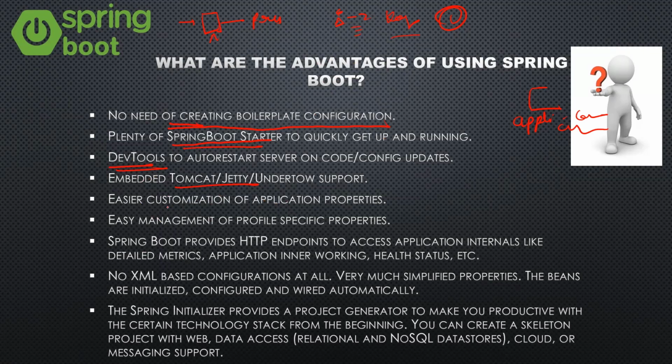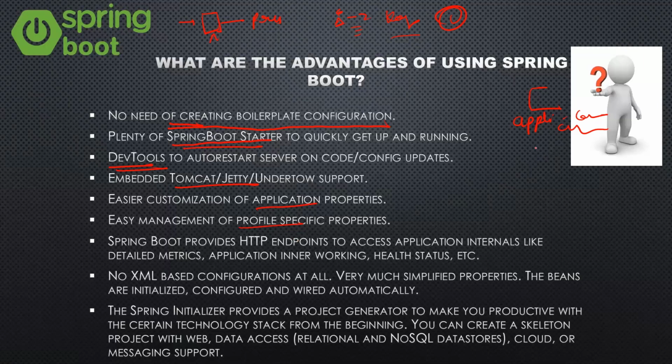Next, easier customization of the application properties. There is very easy customization. If you don't like any properties, if you want to override them, you can do it. Okay, easy management of the profiles with specific properties. So profiles are nothing but properties files for a specific deployment pattern or deployment server.